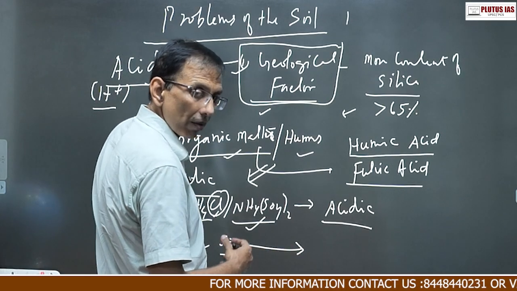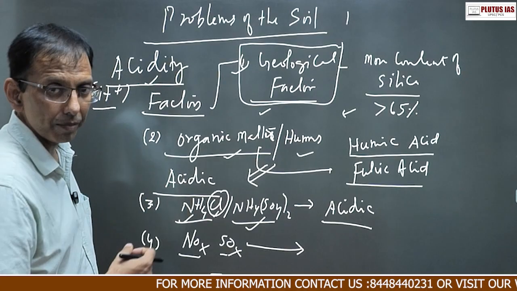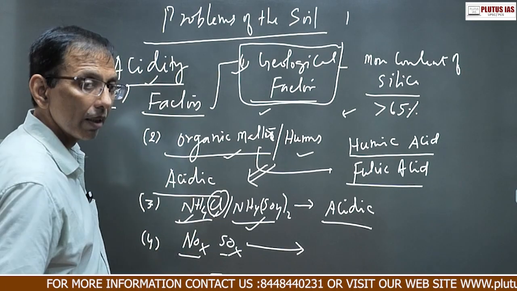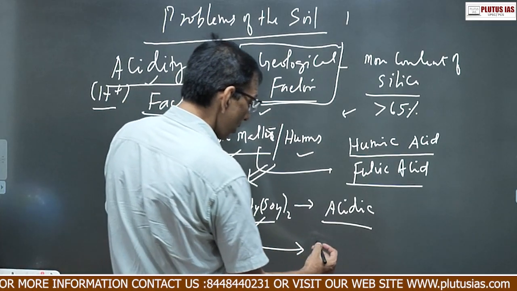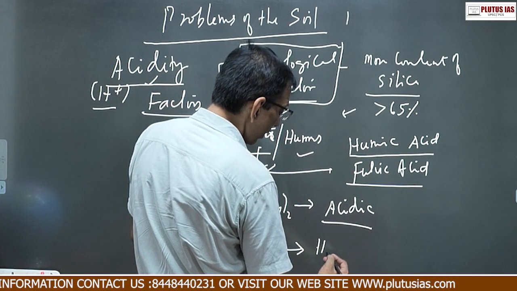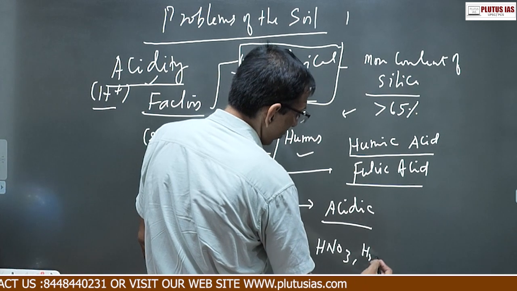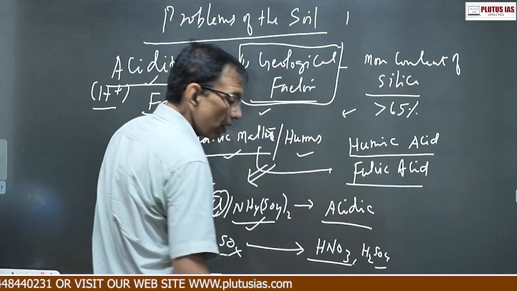When they unite with the humidity of the atmosphere, it forms HNO3 and H2SO4, what you term as acid rain.